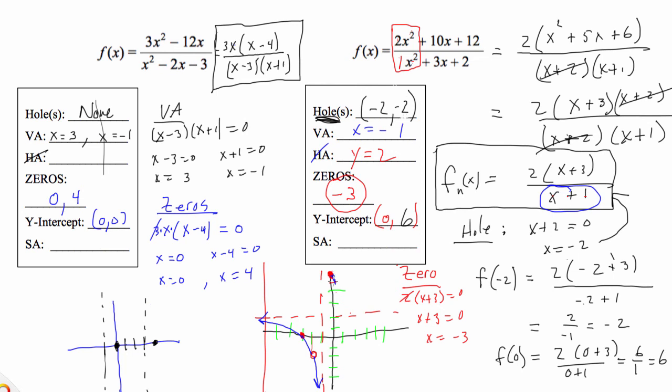This graph should look very familiar to you because we already did rational functions with our parent graphs earlier in the year, but we didn't worry about holes and all kinds of stuff going on back then. We didn't worry about that because we didn't know about it yet. But now look, this should look like your parent graph, maybe the next to the last one, the y equals 1 over x function.